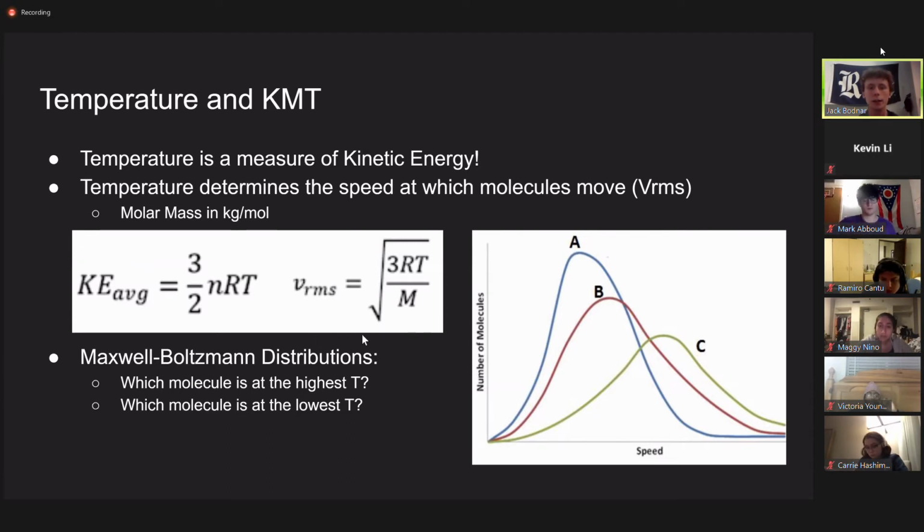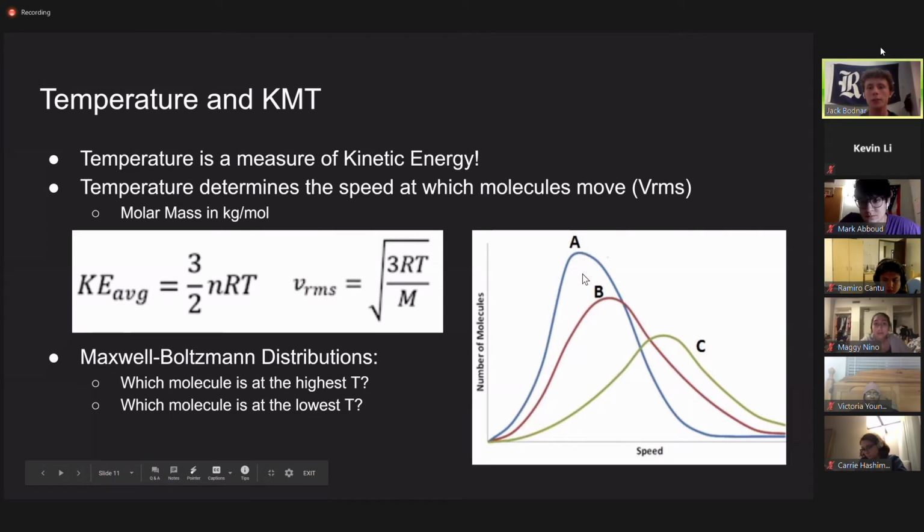And then in addition to these 2 equations and properties, we also can model this in terms of what's called a Maxwell-Boltzmann distribution, which is this graph here where we have speed on our x-axis and number of molecules on our y-axis. And we see that each of these molecules are going at different average speeds, where the total area under our curve is the number of molecules we have.